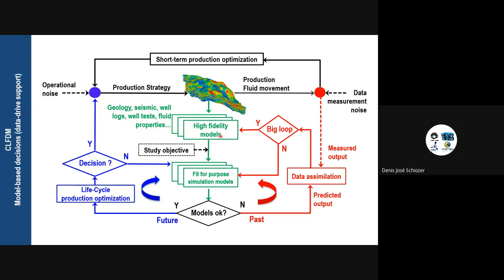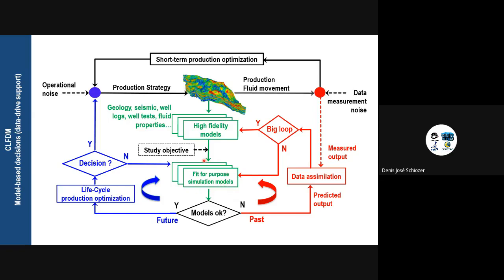But of course, if you build these models as accurate as possible, these models can take days to run, even in the clusters we have today. So in order to have reasonable times for reservoir simulation that can be useful in the day-to-day life of the company, we transfer this data to what we call today the fit-for-purpose simulation models.